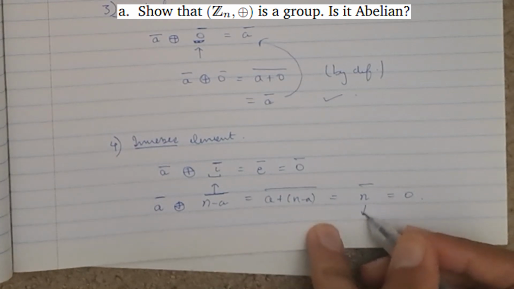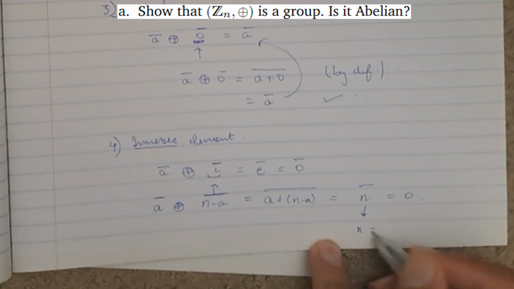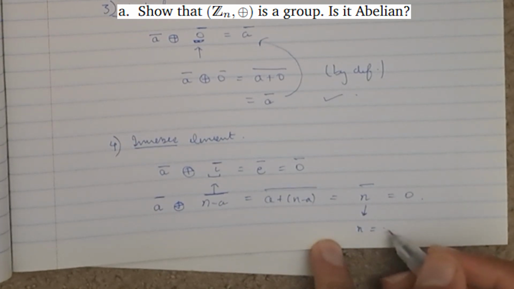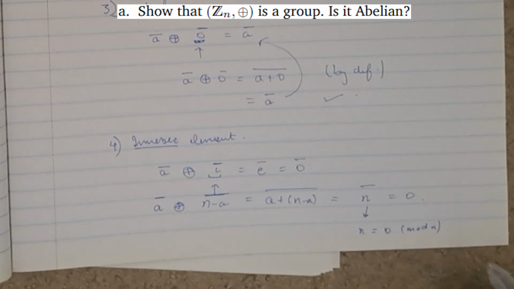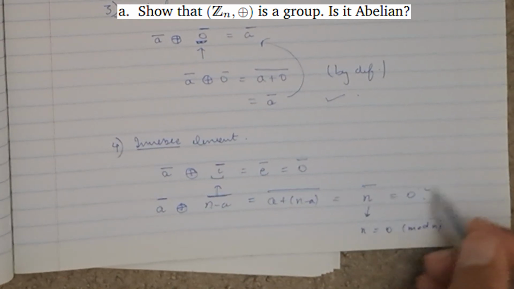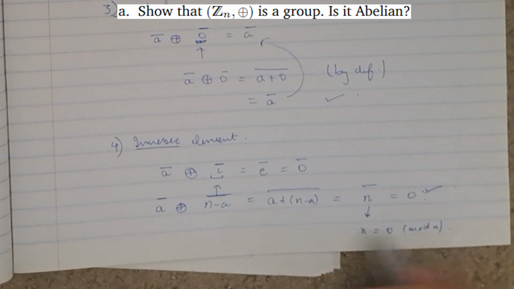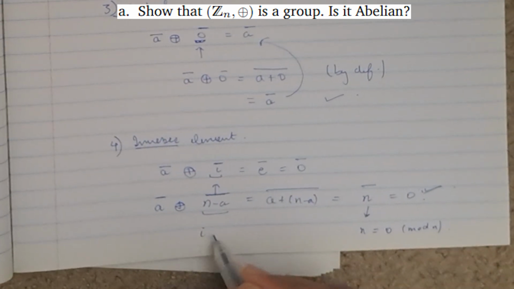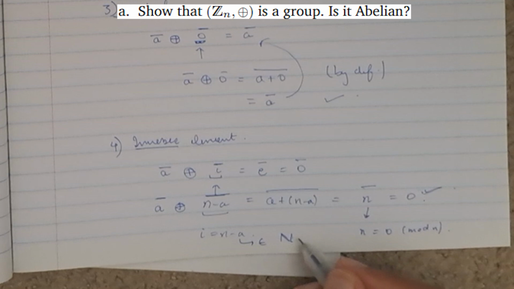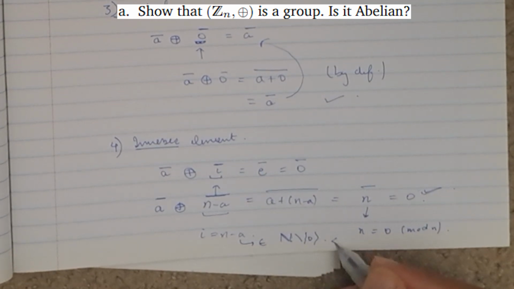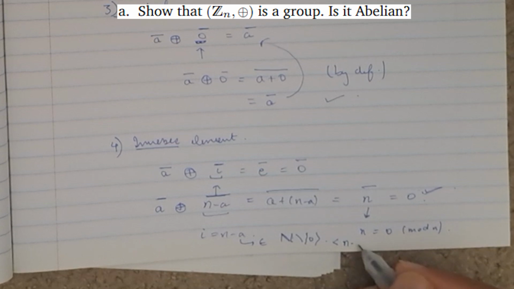Because n congruence class is whatever gives n equal to 0 mod n by definition, and so this is just true. So I is equal to n minus A, where A is obviously an element from natural number set 0 and is less than the last element, which is n.